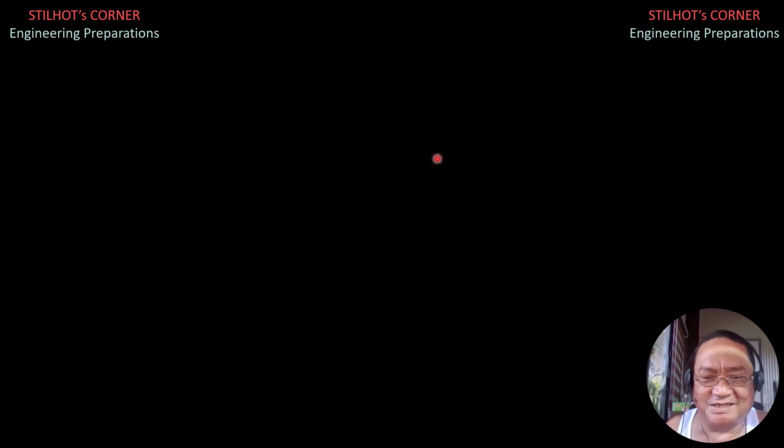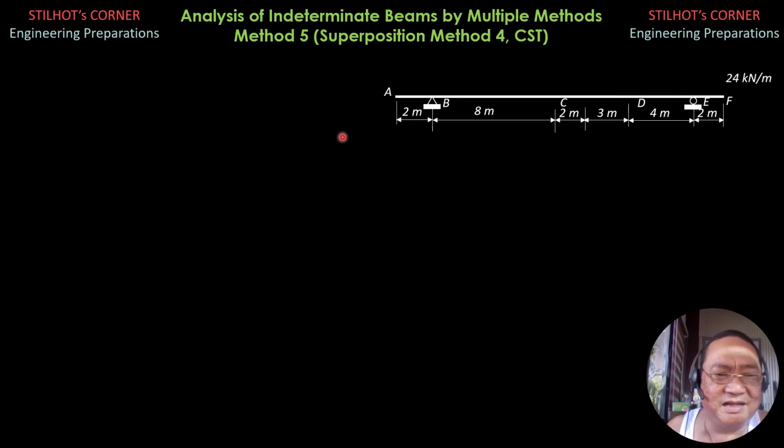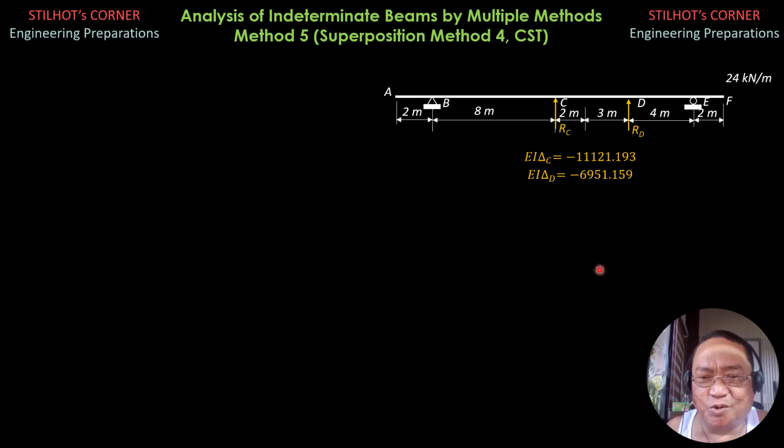So let us continue. We now apply reactions at C and D as shown in the figure. Remember, these were the values for the deflections at C and D after we remove supports C and D. So we have RC and RD, and the reaction at B here is downward. In terms of RC and RD, it is going down.